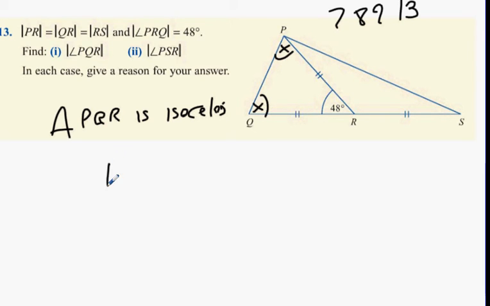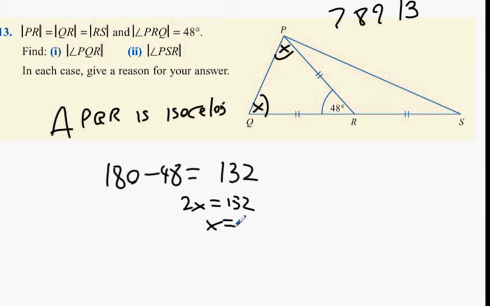So 180 minus 48 is 132, yeah? And 132 is divided equally amongst two different angles. So divide that by 2 and what do you get? 66. So 2x equals 132, x equals 66. So each one of them is worth 66.